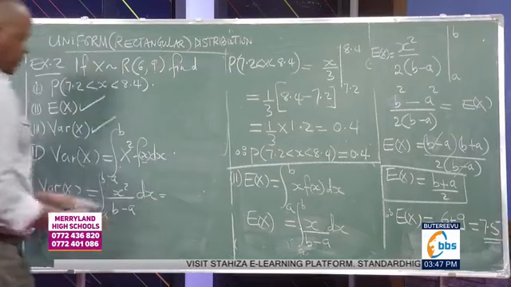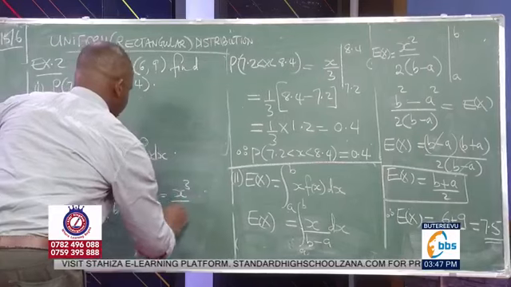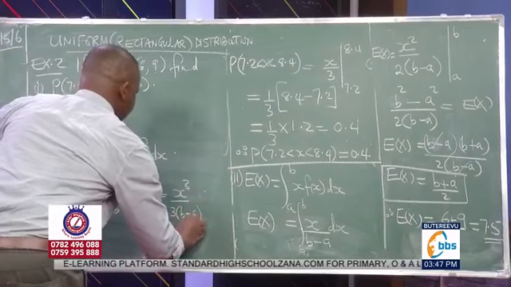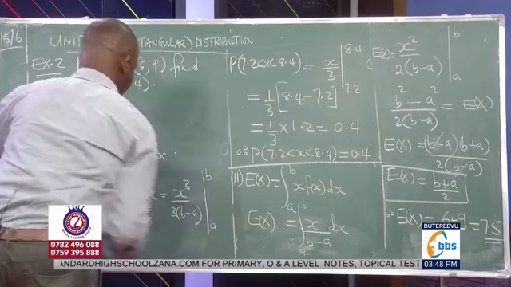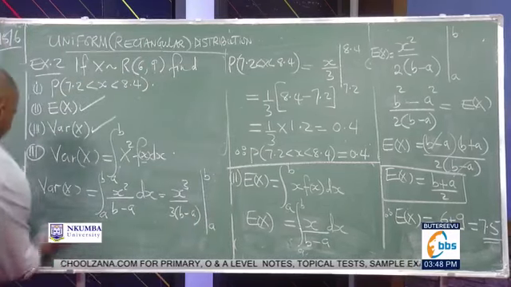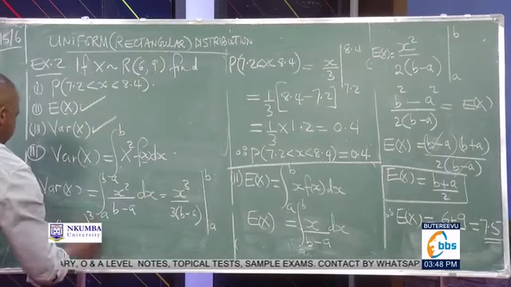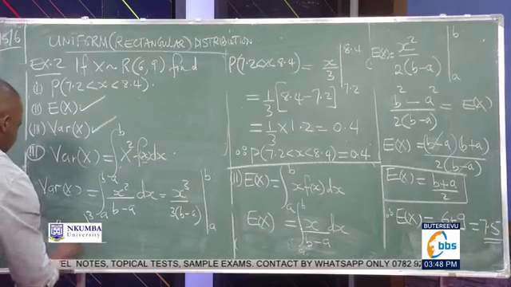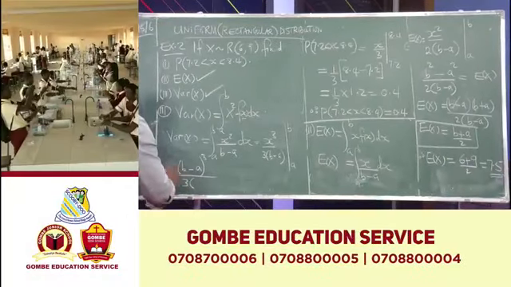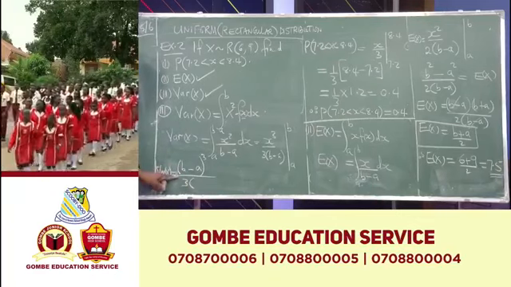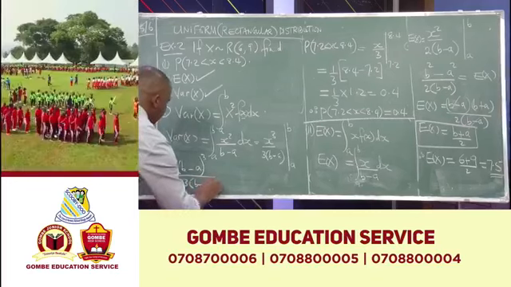This will give us x cubed over 3 into b minus a, and our limits are a, b. So we shall have b minus a cubed over 3. This is our variance expression. It will be b minus a cubed over 3 into b minus a.